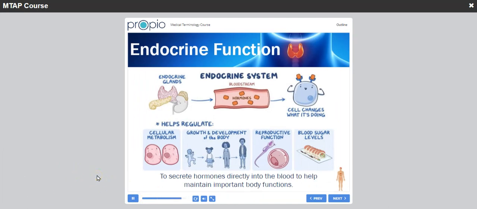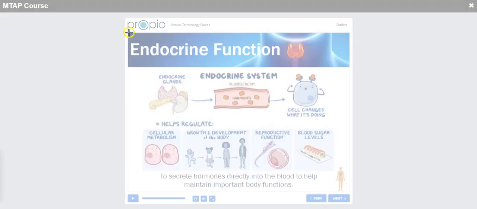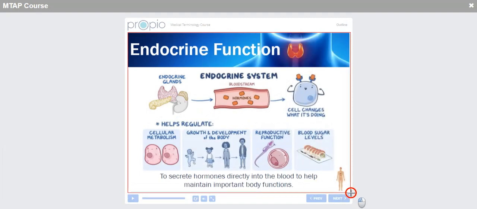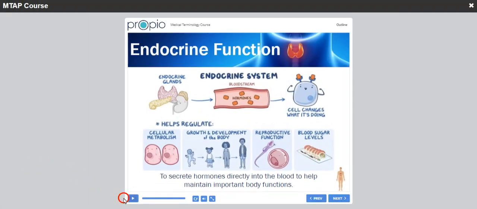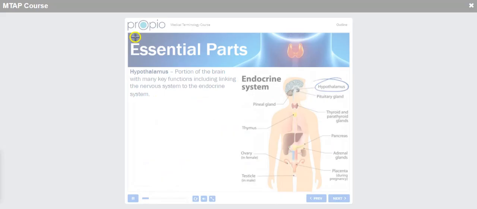Hypothalamus. It's a portion of the brain with many key functions, including linking the nervous system to the endocrine system.